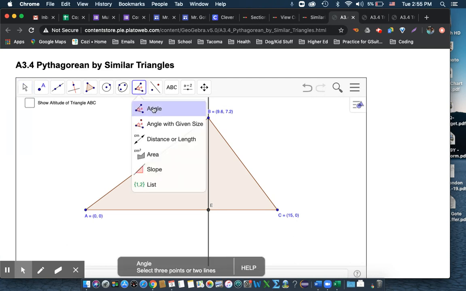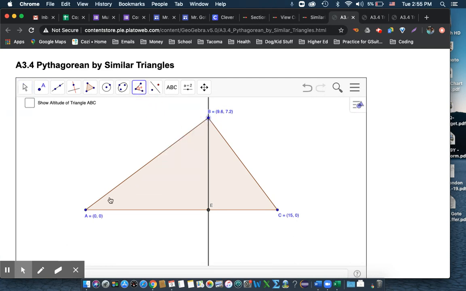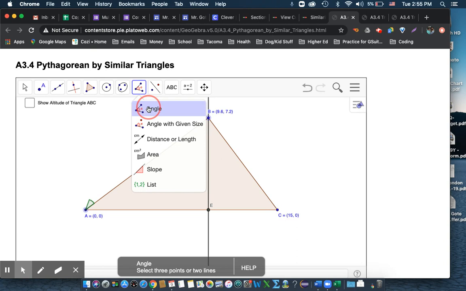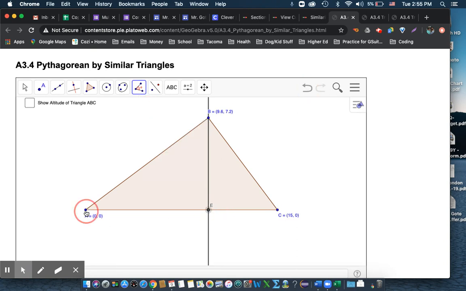So let's find an angle. Go backwards. Remember, it's giving you the outside measure. Just go a different direction. Okay.